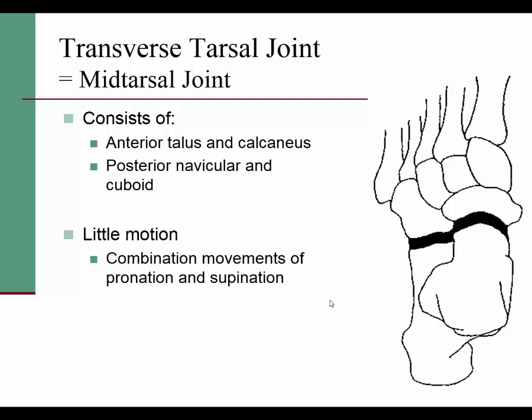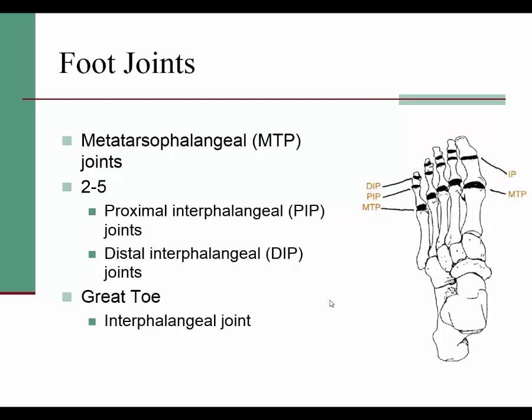In the foot joints, we saw earlier and went through the bones of the foot. As far as the joints go, you have what's called the metatarsophalangeal joints, the MTP. Basically this is the union or the joint between the metatarsal bone and the phalanges. Okay, so the MTPs run in between the metatarsals and the phalanges.